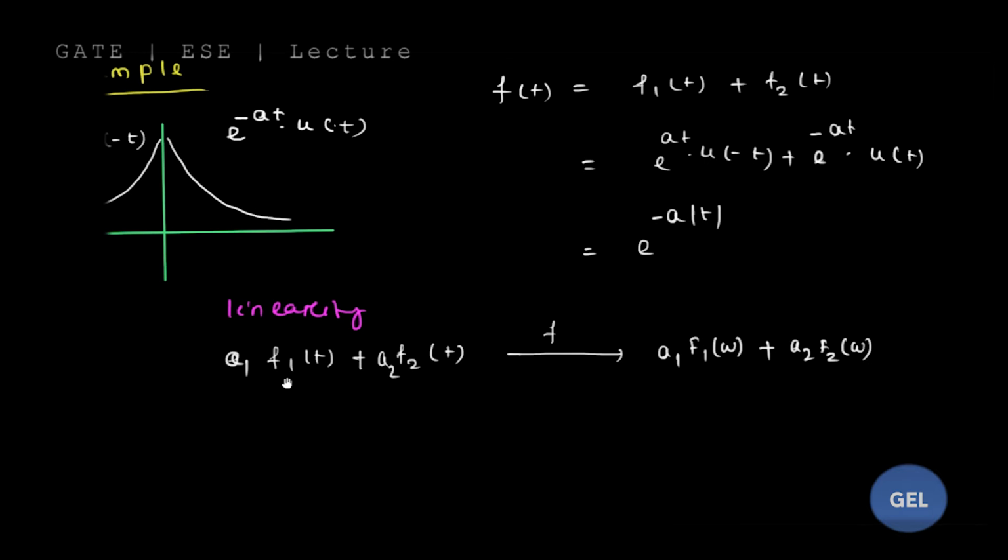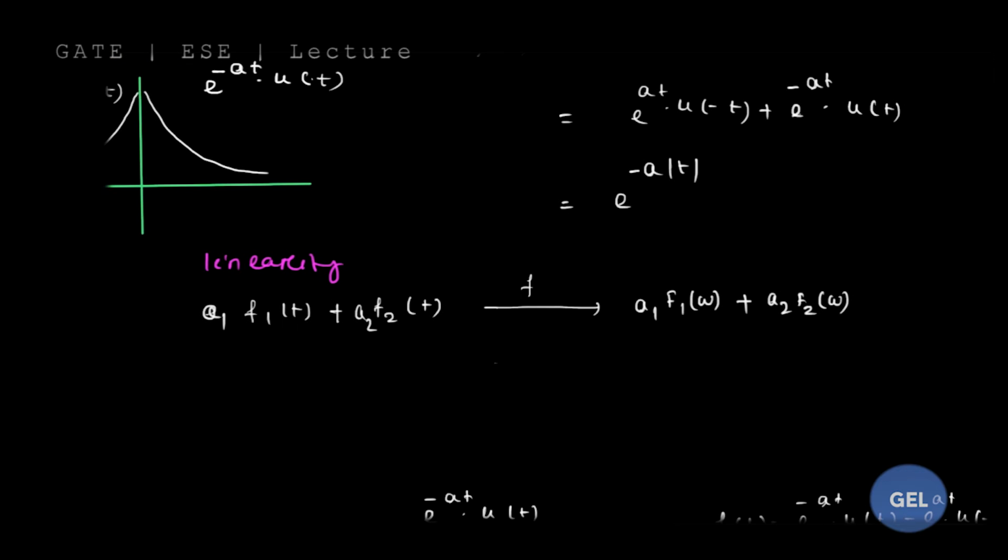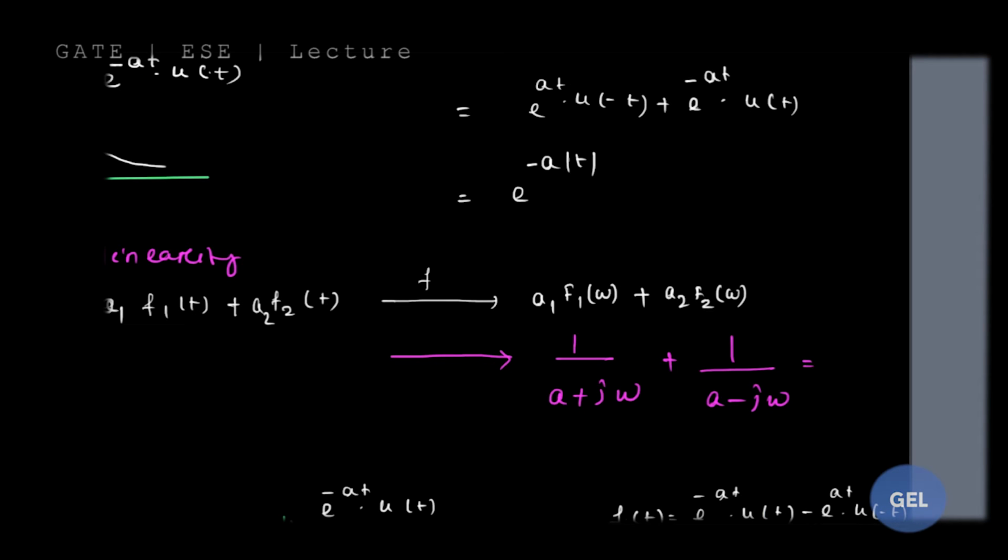It says a1 f1(t) plus a2 f2(t) will be nothing but a1 F1(omega) plus a2 F2(omega), which will be given as 1 by (a plus j omega) plus 1 by (a minus j omega). Which is nothing but coming out to be 2a by (a square plus omega square).